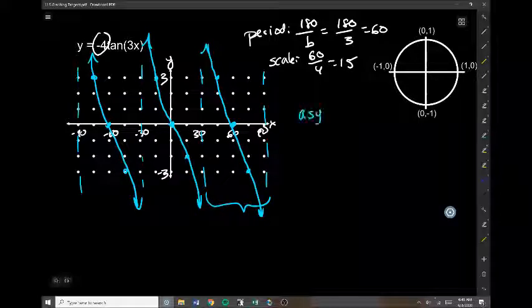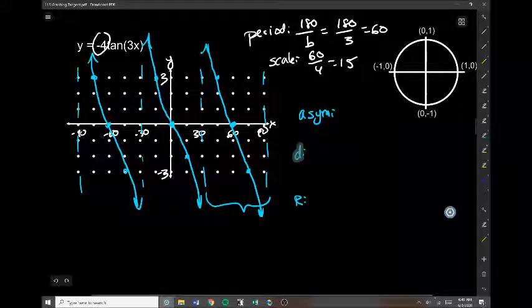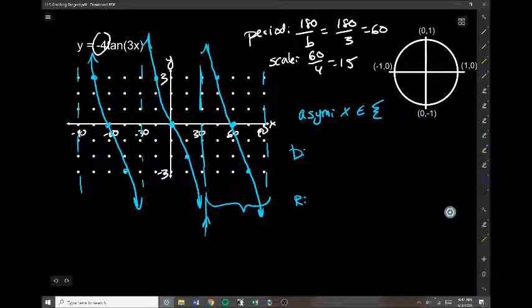Take a second and try and figure out where the asymptotes are, what's the domain, and what's the range. The first asymptote I'm going to pick is right here at 30 degrees. So there's an asymptote of x at 30 degrees plus whatever my period is, which was 60.